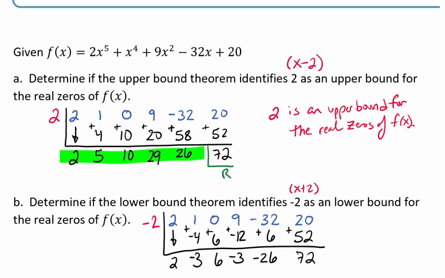Here we're going from a positive to a negative to a positive to a negative. This is looking pretty good, except then we have two negatives in a row, and that's a problem. Because the signs of the quotient do not alternate, we can't conclude that negative 2 is a lower bound for the real zeros of f of x.